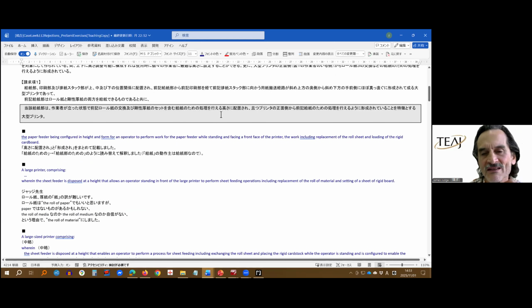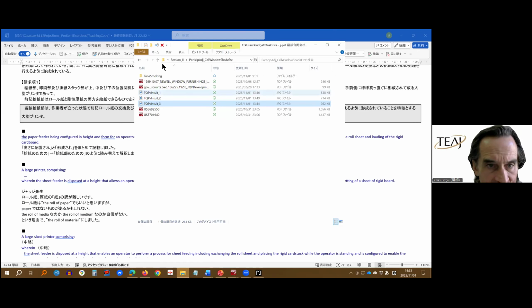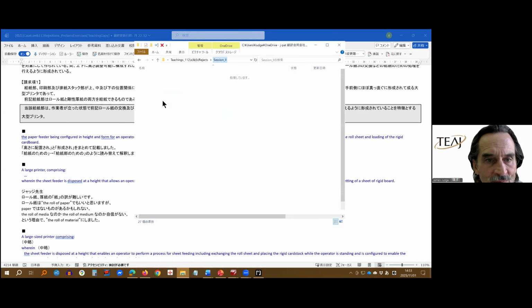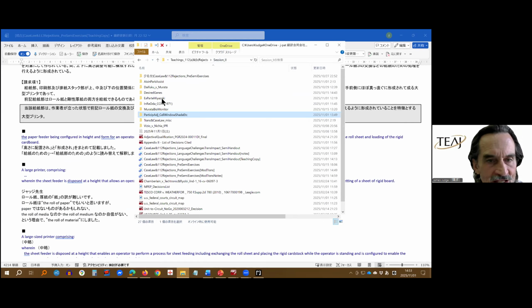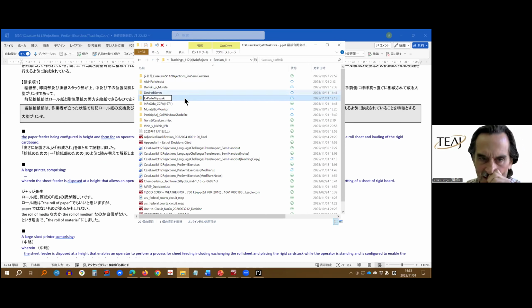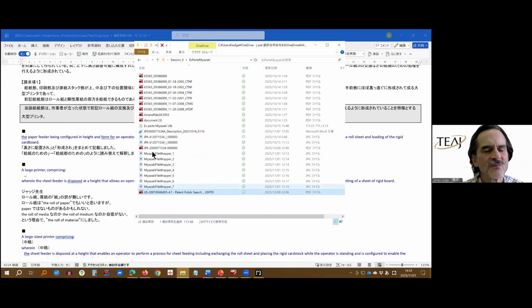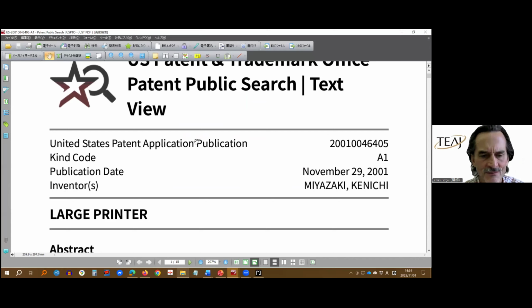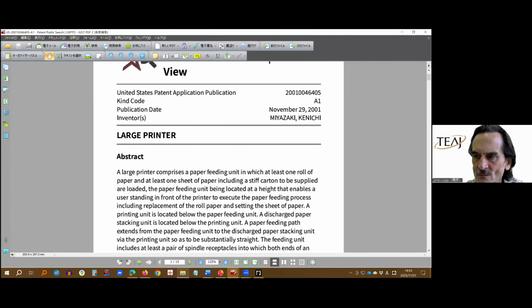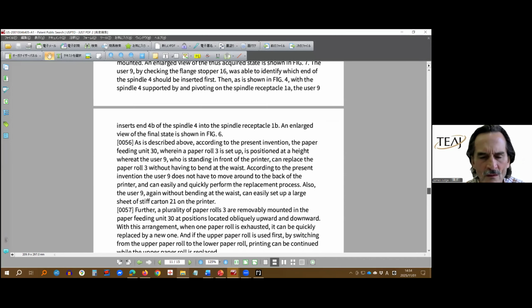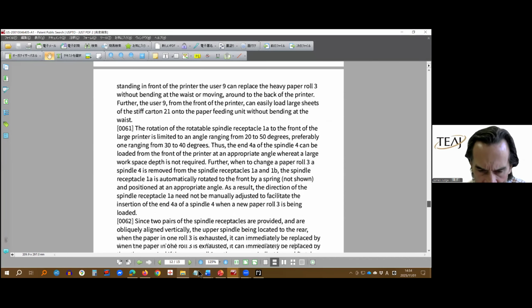One thing, as just an aside, it's not very important, but let's take a quick look at the patent, the original claim itself. The translation of what was it?